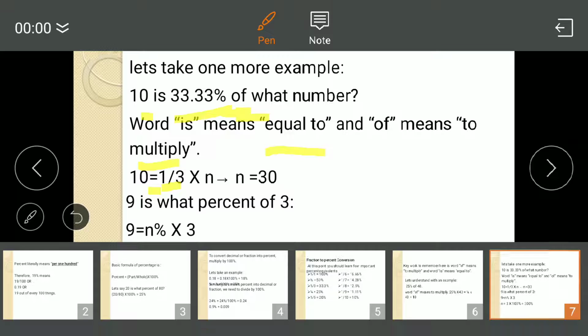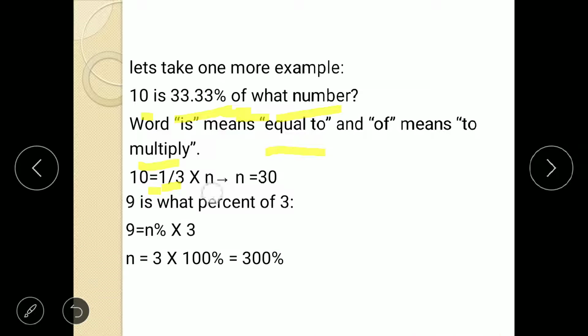"Of" means multiplication, and the number is n. So 10 is equal to 1 upon 3 of n, so n becomes 30. So again, "is" means equal to, and "of" means to multiply.